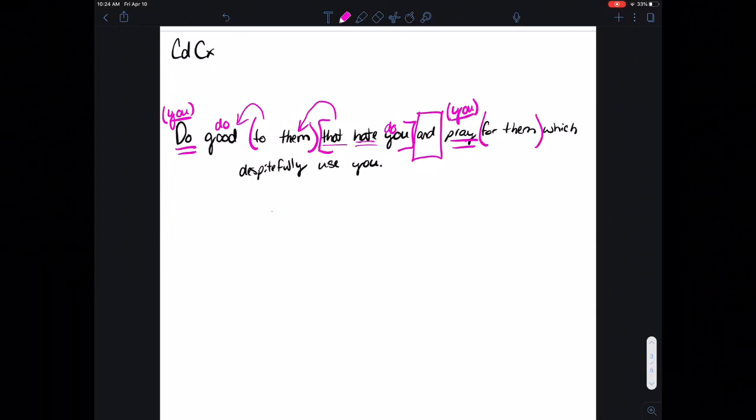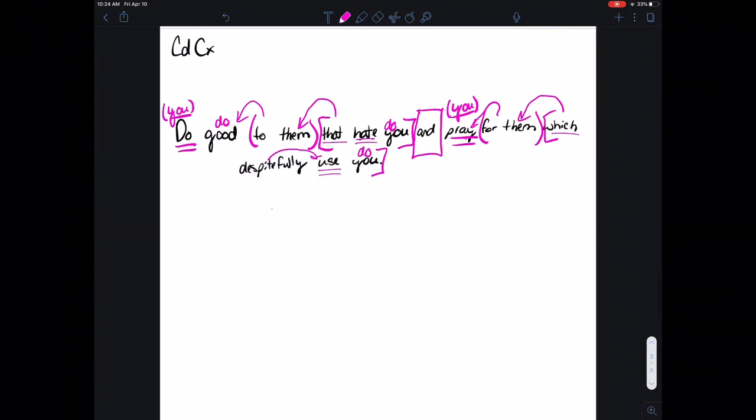For them is a prepositional phrase. Modifies pray. Right? Which despitefully use you is your clause, and it modifies them. So it's an adjective clause as well. Use is your verb. Who or what use? Which use. Which use who or what? Which use you. And despitefully ends in ly, so more than likely it's an adverb, and it modifies use.